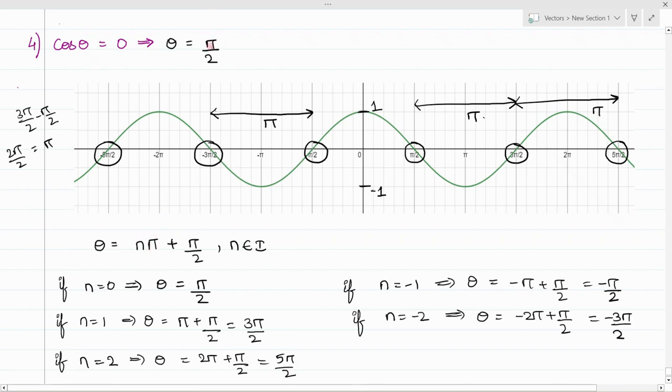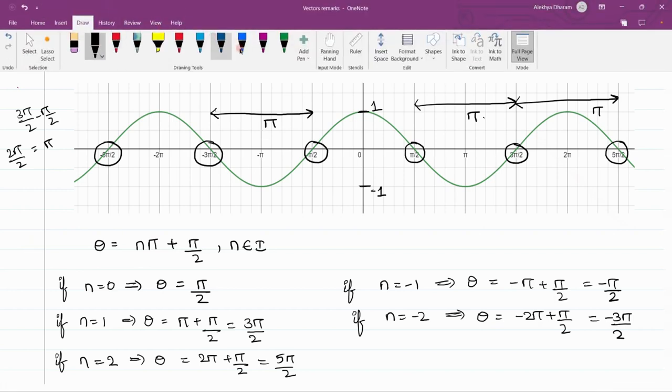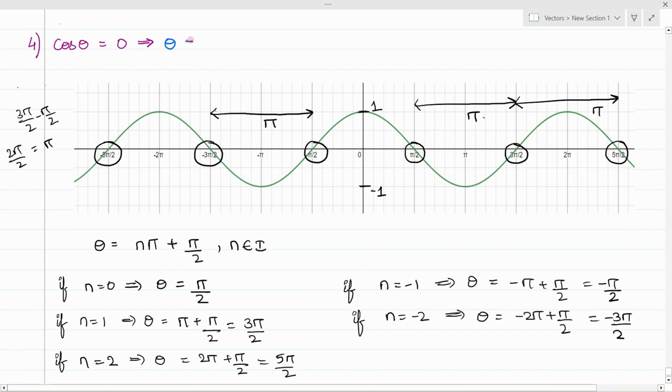So when you take the LCM for this theta solution, you will get the final solution for theta as 2n plus 1 times pi by 2, where n belongs to integers.